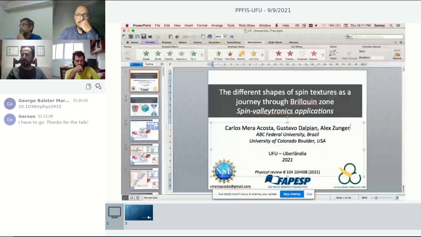So without the electric field, if I remember correctly, you are in the D2H group, and then when you apply the perpendicular electric field, you go to D2D. But the point is, the texture changes, and when you apply the electric field, the spin texture depends on the intensity of the electric field because of the interplay between the Rashba and the linear or cubic Dresselhaus.